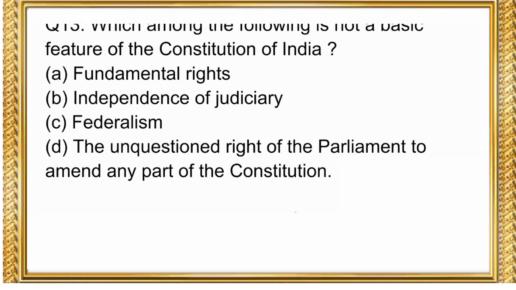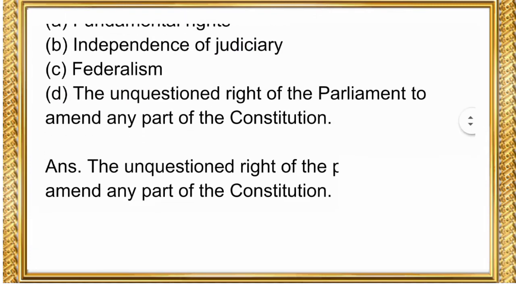Here we should keep in mind here is asking not a basic. So according to this question, D is the correct option. The unquestioned right of the parliament to amend any part of the constitution is correct.